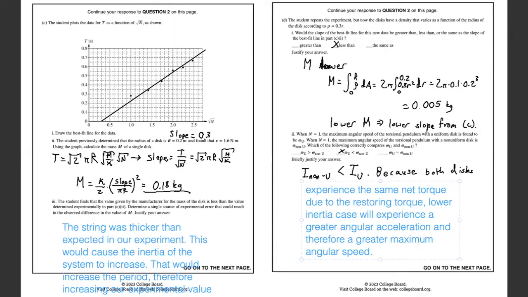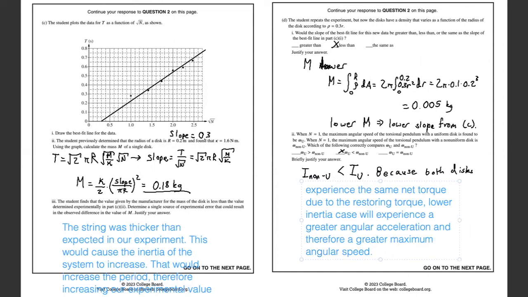Good, and I think that is correct. I could see an argument saying that they would both have the same angular speed, but keep in mind, if you're thinking about this from a momentum perspective, you would certainly get that they would be the same. But they do not experience the same torques for the same amount of time.